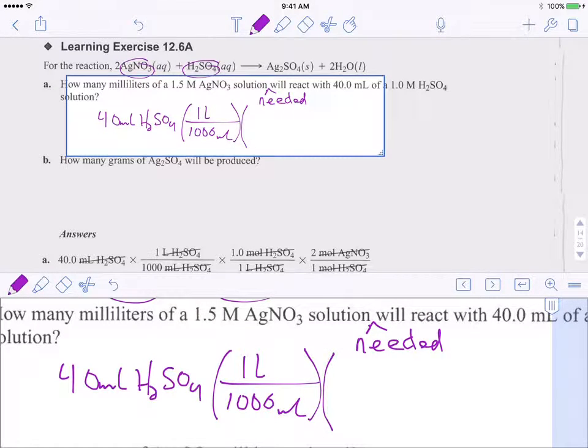Okay, now let's take a big second. Now I want to be able to convert to moles. So to do that, I need to convert liters to moles. So to convert liters to moles, we use the molarity, moles per liter. My molarity, 1.5.